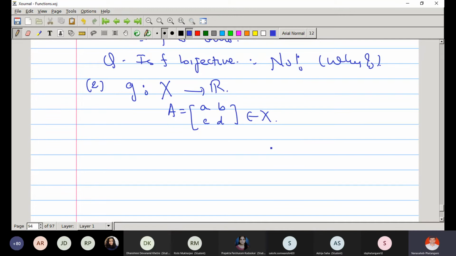Trace. What is the trace of a matrix? Sum of diagonal elements.